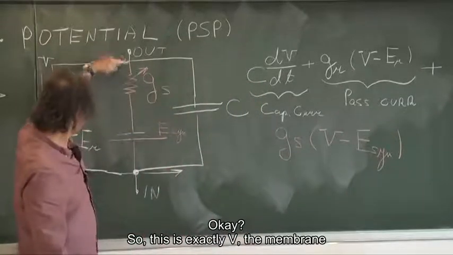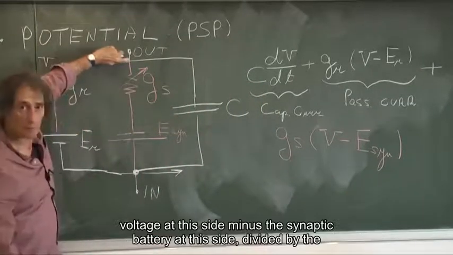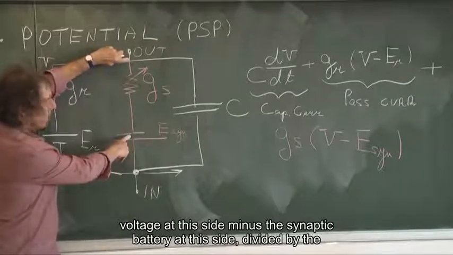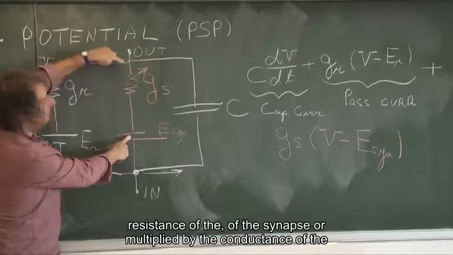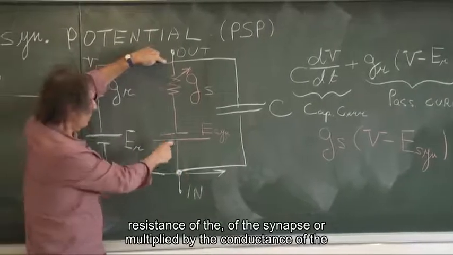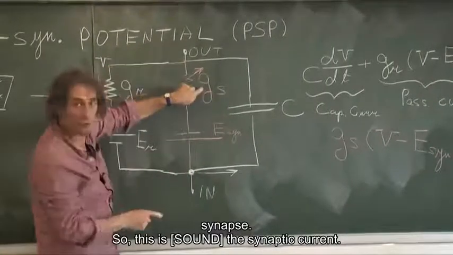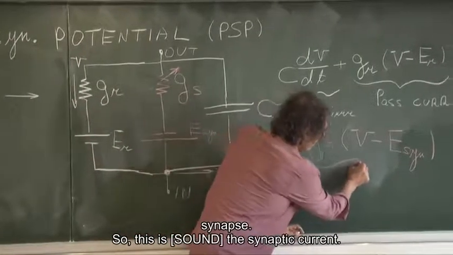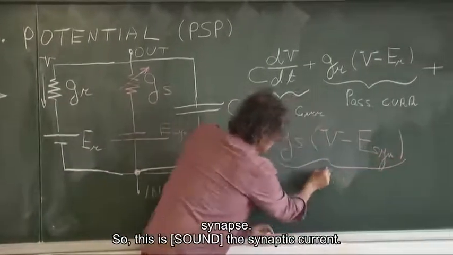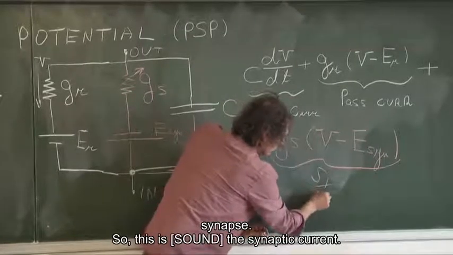Okay, so this is exactly V, the membrane voltage at this side, minus the synaptic battery at this side, divided by the resistance of the synapse, or multiplied by the conductance of the synapse. So this is the synaptic current.